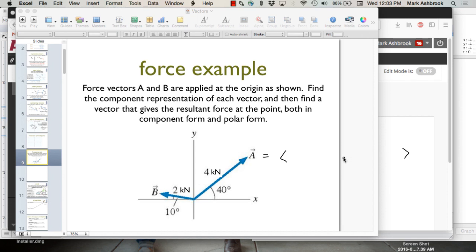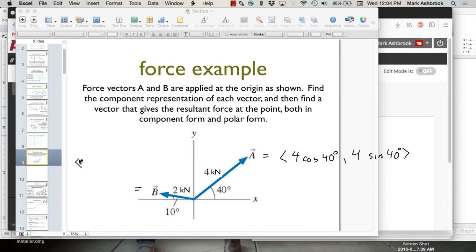Doesn't matter, sure. 4 sine of 40. Do you guys get that? Right, so if you've got polar form, the components are going to be using trig, sine and cosine. All right, and so then the x component, so cosine 40. And then for B?